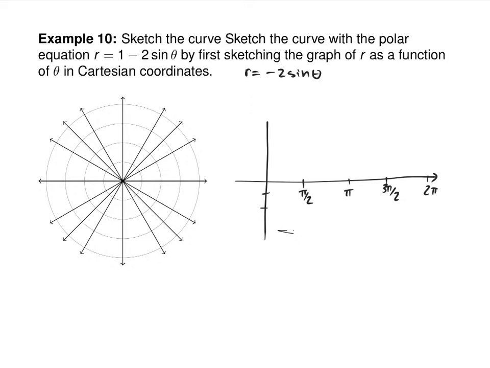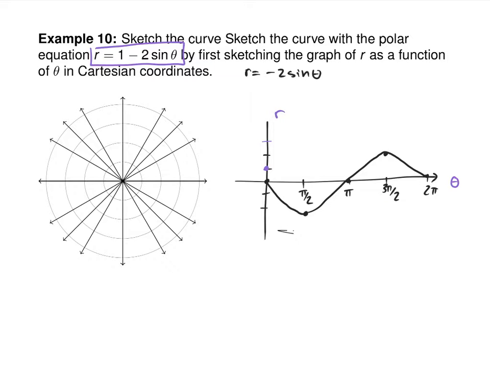Okay, it starts at 0, at pi halves it's at -2, at pi it's at 0, at 3 pi halves it's at 2. And then if I graph 1 minus 2 sine theta, how do I shift this picture? Just go up by 1.